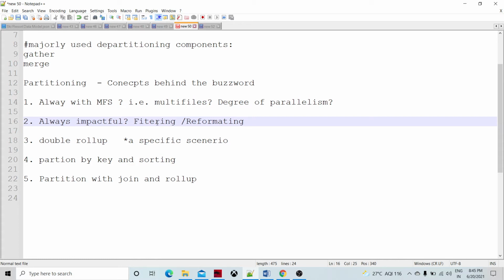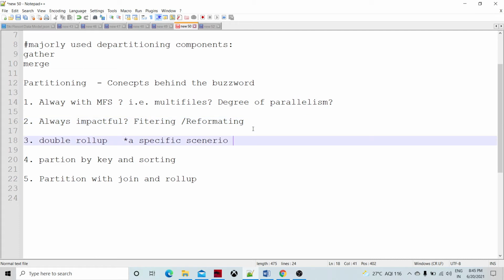Then we don't necessarily use the multi-file system. The multi-file system is really impactful when components like rollup, scan, join or sorting components are involved.